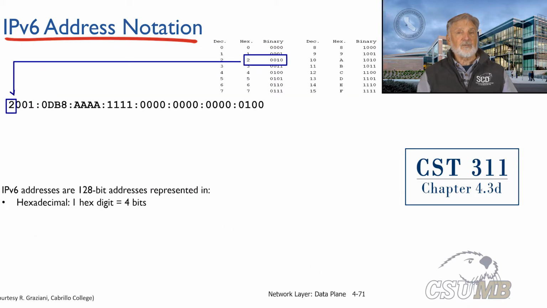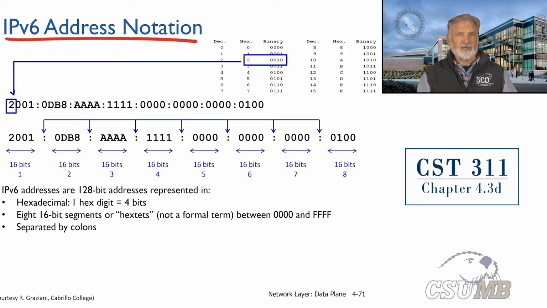Because the length of the address fields are so large, the IPv6 address notation is different. An IPv6 address is represented as 8 groups of 4 hexadecimal digits, each group representing 16 bits for a total of 128 bits. For more information on the IPv6 addressing, check out the additional links in this week's iLearn section.